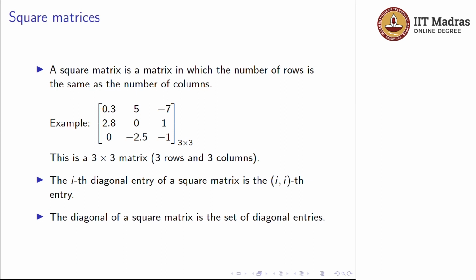So here's the set of diagonal entries, and within this is the first diagonal entry, this is the second diagonal entry, and this is the third diagonal entry. The diagonal entries are somewhat special because they occupy the ith position. We generally talk about diagonals only for square matrices.